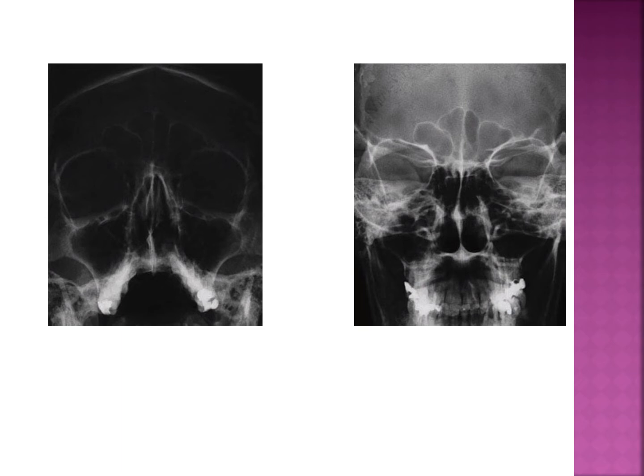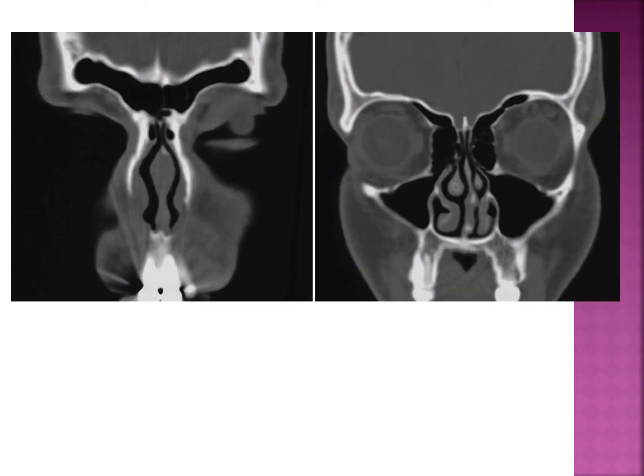So here is a picture of a Waters view and a Caldwell-Luc view. This is a coronal view CT scan showing the frontal sinus, the maxillary sinus, and the ethmoid sinus.